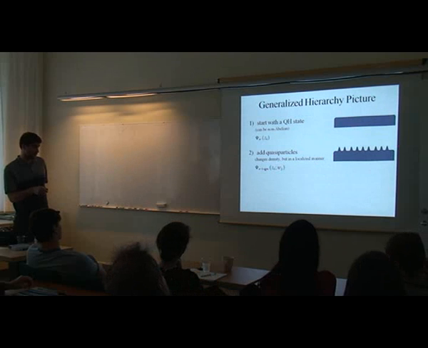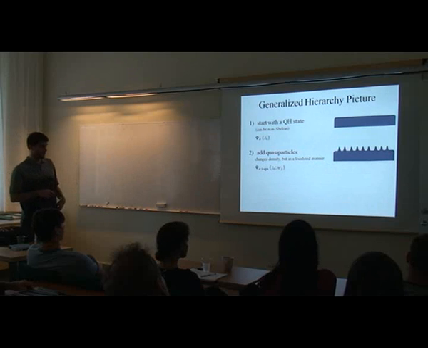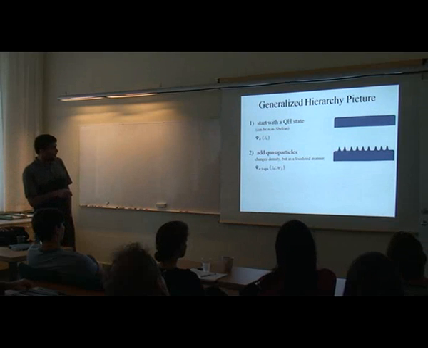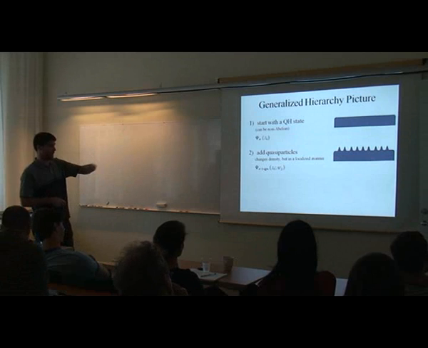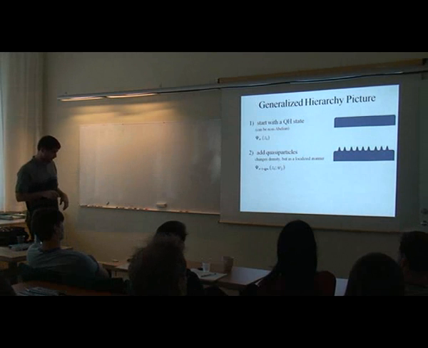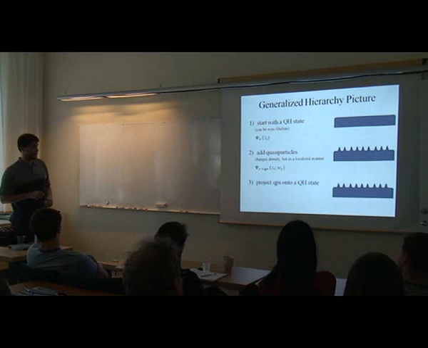Over here on the right, I have a schematic representation of the density profile of the quantum Hall liquid. You introduce quasi-particles, you change the density profile, but it's done in a localized manner where you just change the density where you have the quasi-particles. So this obviously isn't quite what we want to produce a new quantum Hall state.